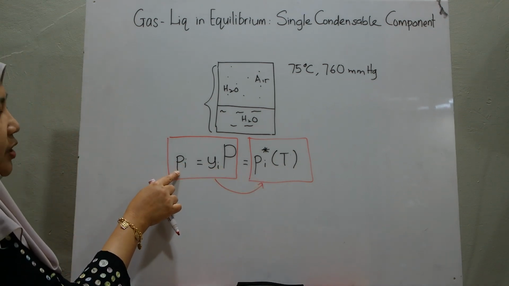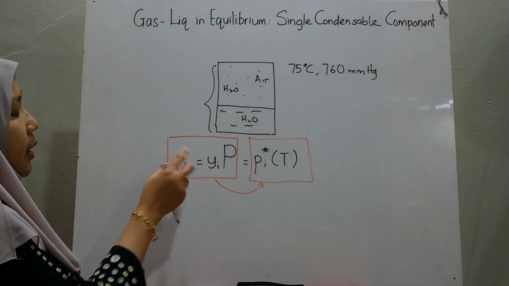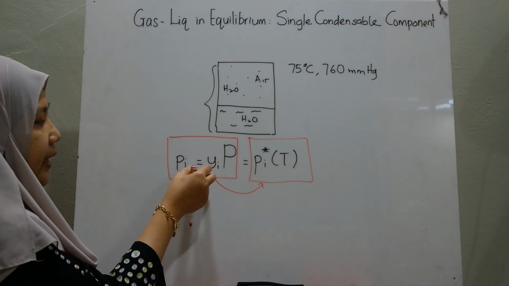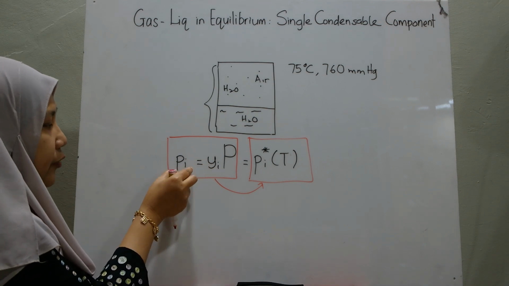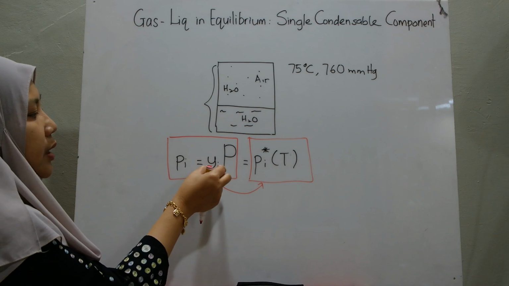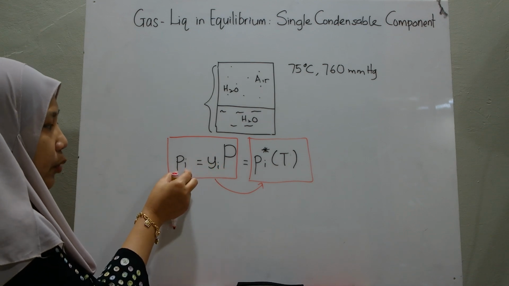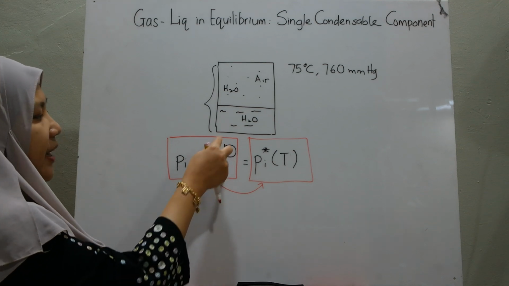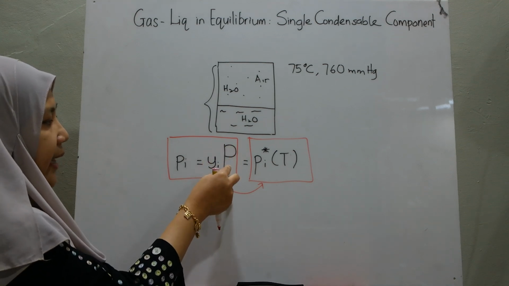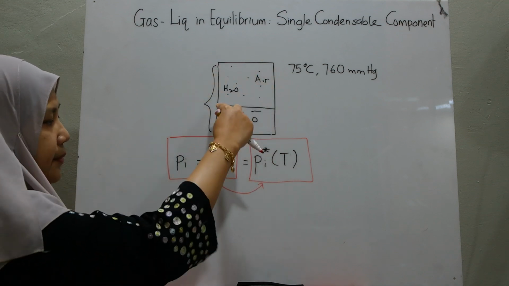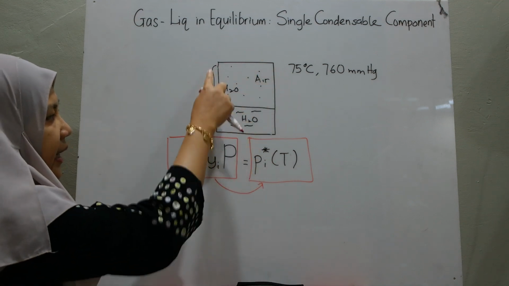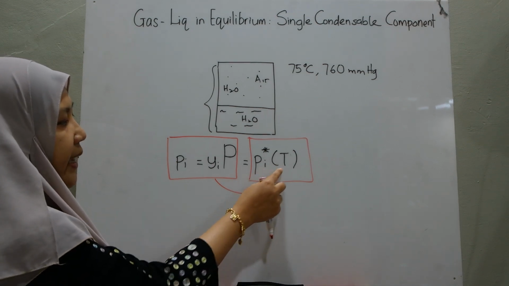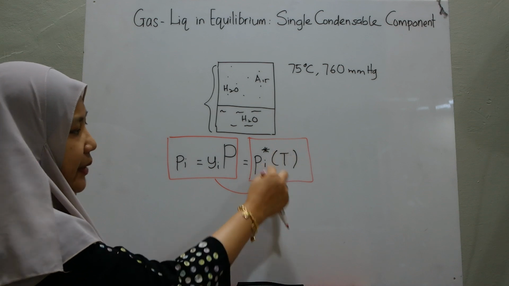The partial pressure of a component, in this case the single condensable component, is equal to the mole fraction of the single condensable times the pressure of the gas, or the pressure of the system, and when in equilibrium this is equal to the vapor pressure of that component at the system temperature.